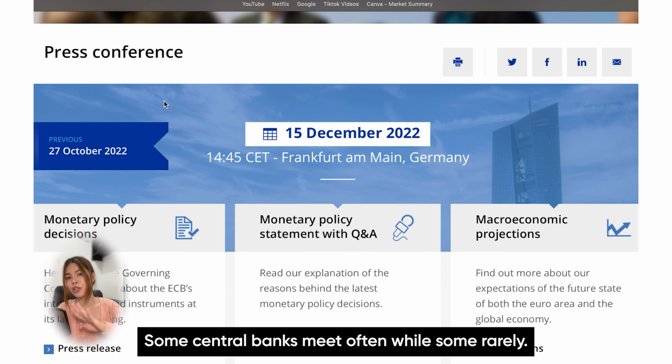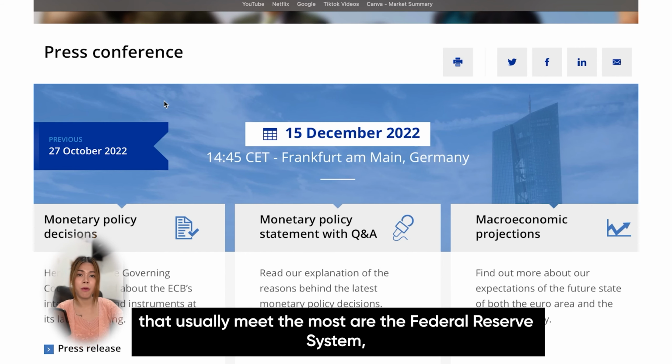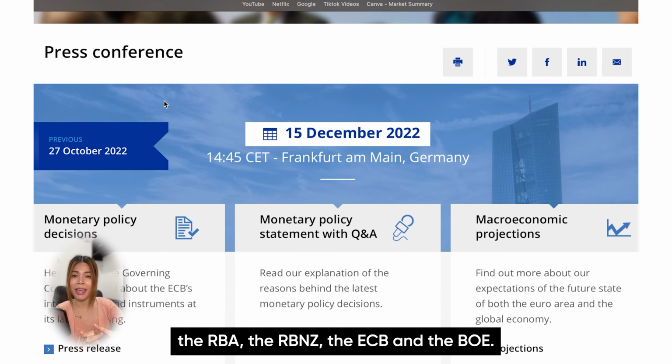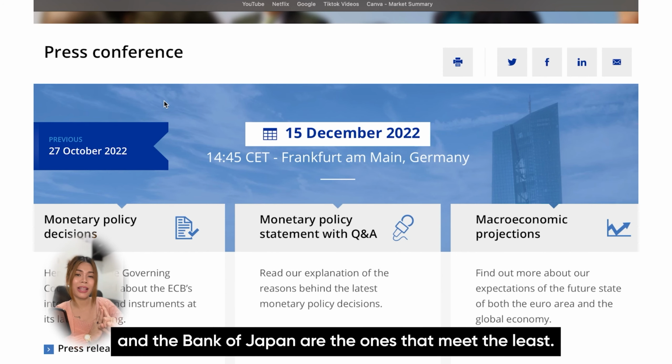So some central banks meet often, while some rarely. The central banks that usually meet the most are the Federal Reserve System, the RBA, the RBNZ, the ECB, and the BOE. The Swiss National Bank, the Bank of Canada, and the Bank of Japan are the ones that meet the least.